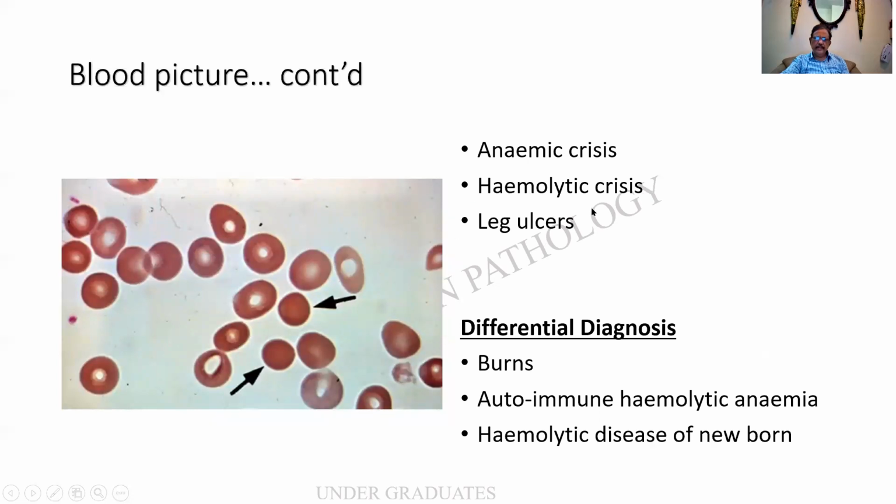Sometimes the patient can present with leg ulcers, and usually cholelithiasis or gallstones is the complication. The differential diagnosis, as I mentioned, can be present in other conditions such as burns, autoimmune hemolytic anemia, hemolytic disease of the newborn. Please mention these three and you score a mark for it.